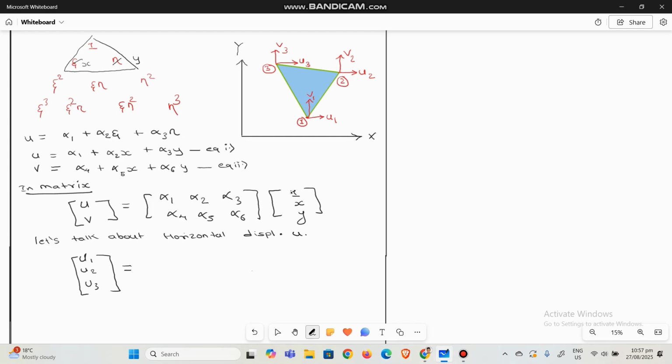For the vertical displacement v, it's going to be the same. You just substitute u1, and for node 1 you put x1, for y you put y1.